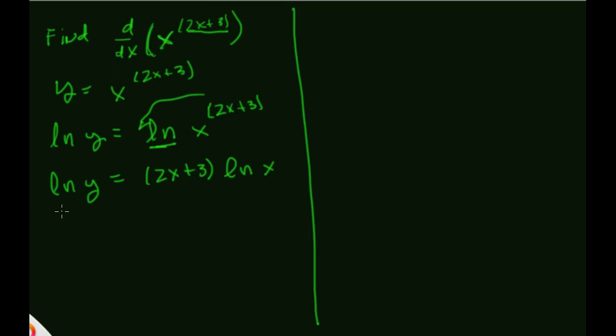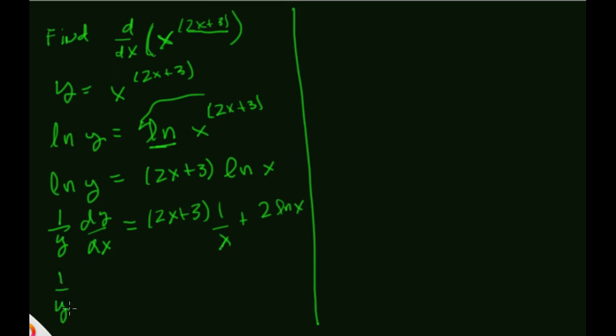I take the derivative of the left with respect to x, which is just going to be 1 over y dy/dx. And then on the right, I take first, times the derivative of the second, plus the second, which is the natural log of x, times the derivative of the first, which is just 2, so that's going to give me 2 times the natural log of x. Okay, so I can do some rearranging here.